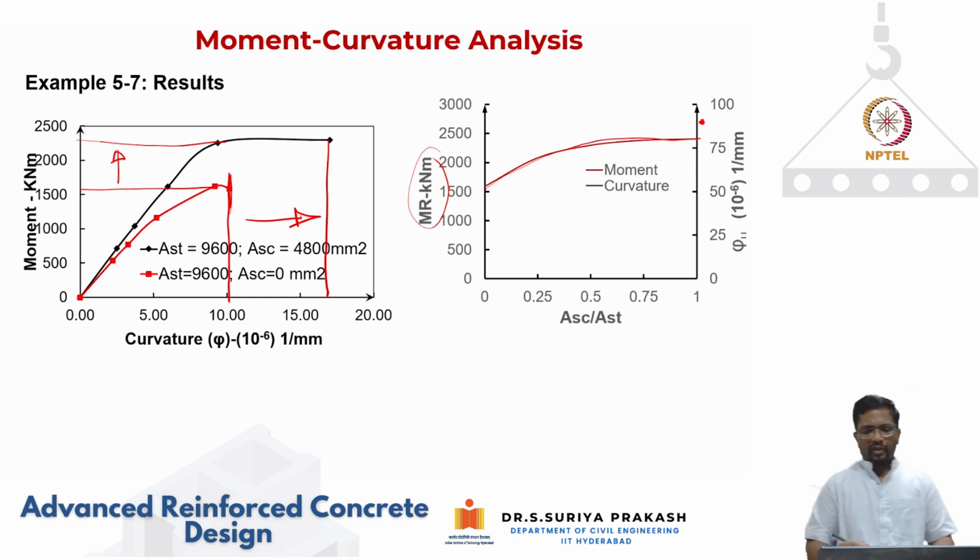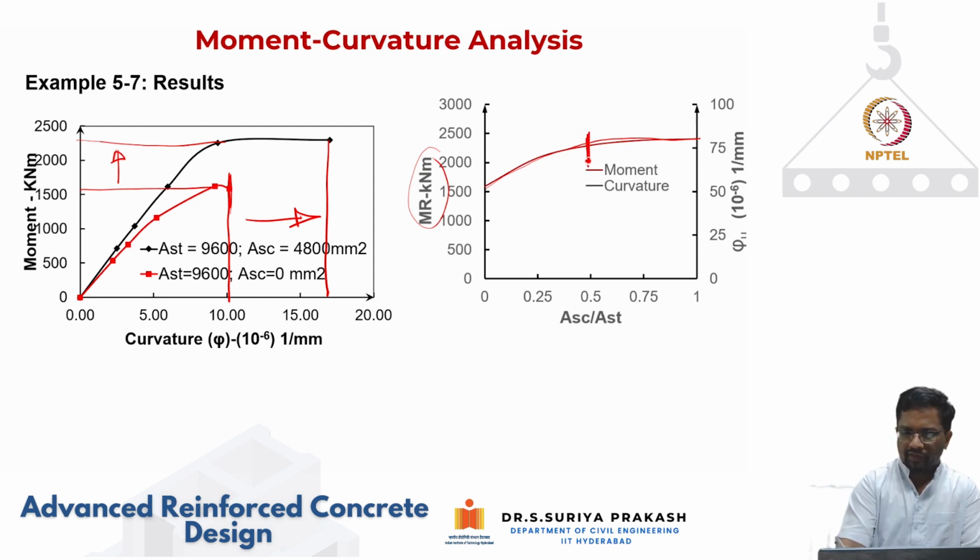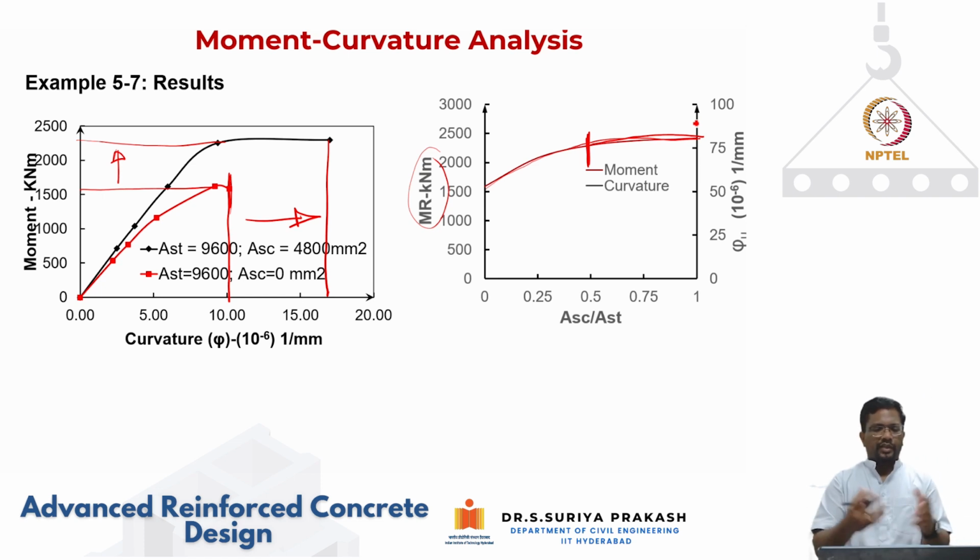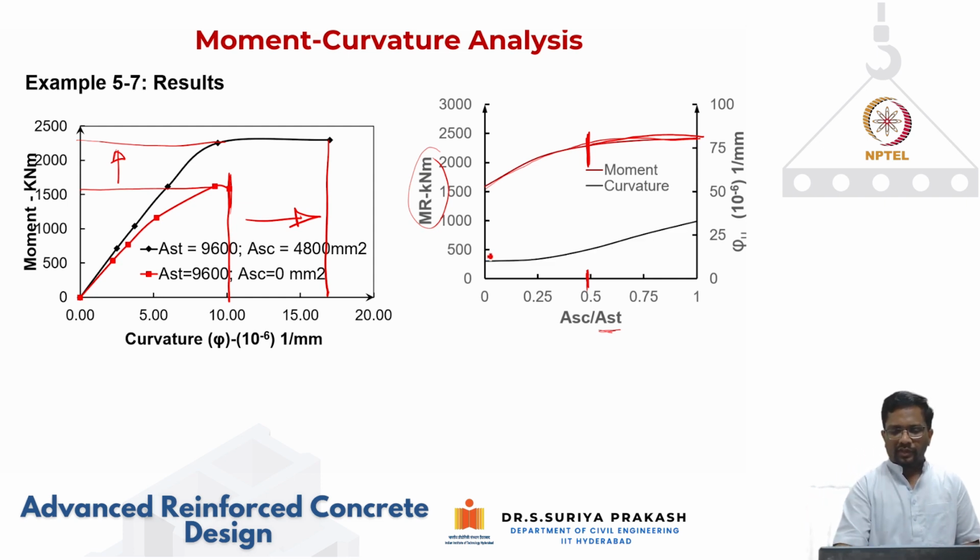But in fact, you get that only up to half a percentage, and after that, the steel is already yielded. Even for 4800 mm square, the steel has yielded in compression. So if I put more than that, for example, more than this ASC by AST of 0.5, it is not going to be beneficial. Similarly, curvature, you can see that it is going to keep on increasing.